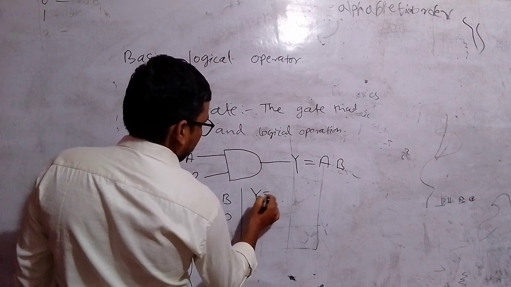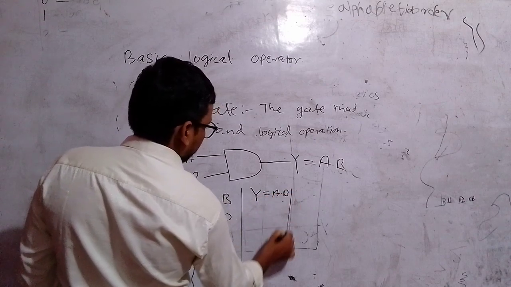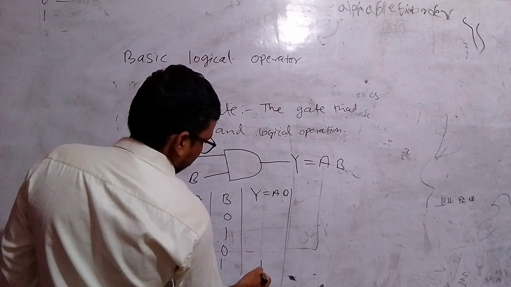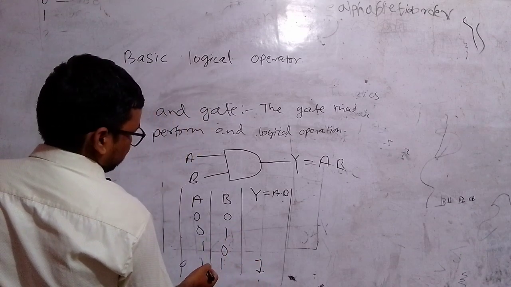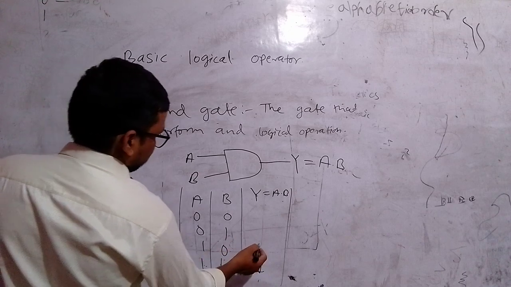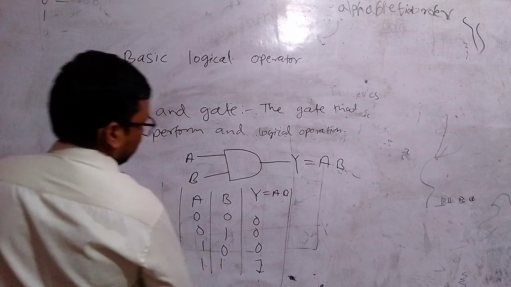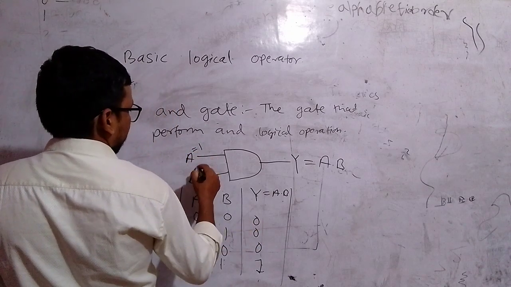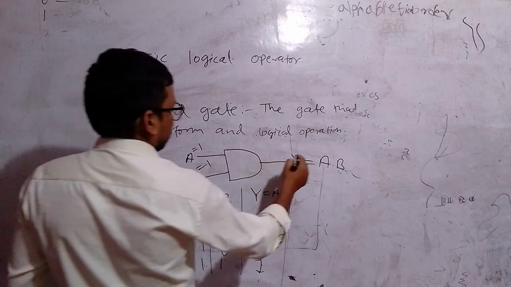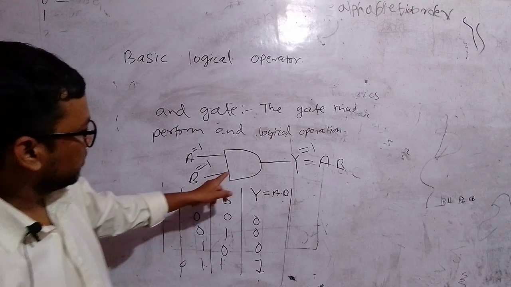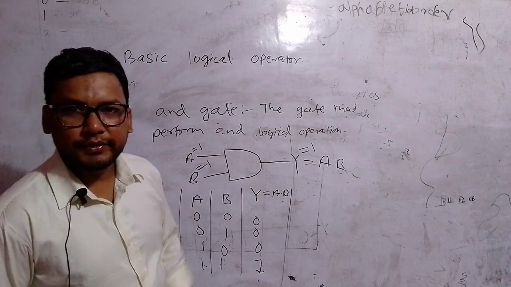And Y equals A dot B. This will produce 1 only if all of its inputs are 1, that means both inputs. If both inputs are 1, then it will produce 1, otherwise it will produce 0. Here in the diagram, if we put the value of A as 1 and B as 1, then the value of Y will be 1. In this way, this AND gate performs.